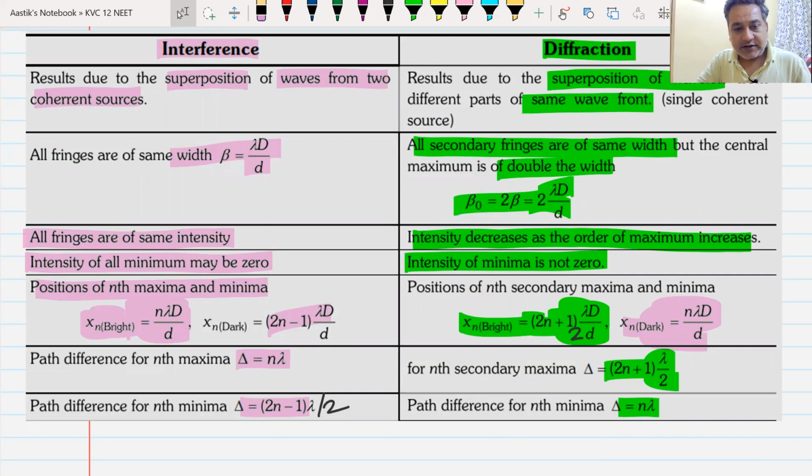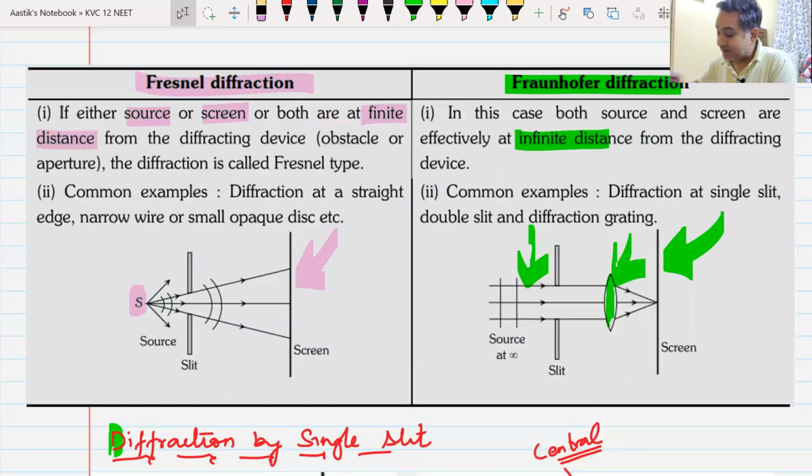Now what can happen is, sometimes in place of this single slit from Fresnel diffraction, they may give you Fraunhofer diffraction. What do I mean when I say Fraunhofer diffraction? They can give you this lens. They can give the diagram instead of this slit diagram which we are doing now. They can give you this lens diagram.